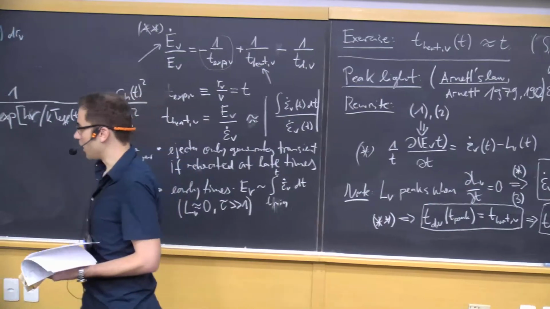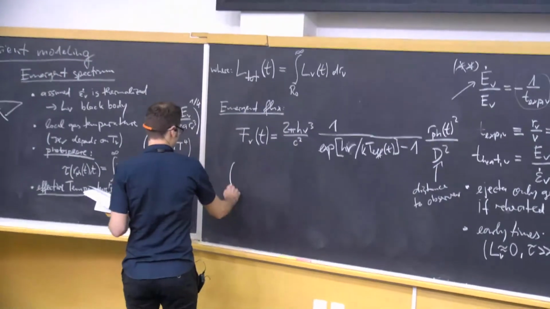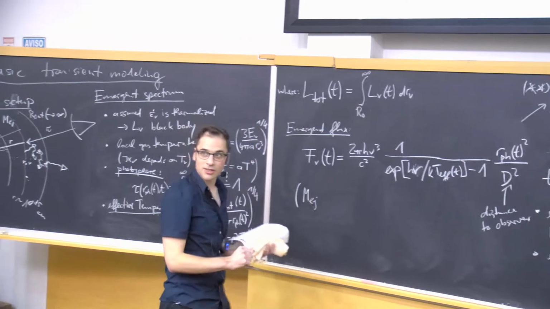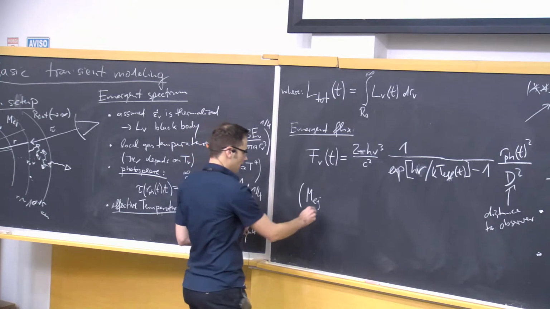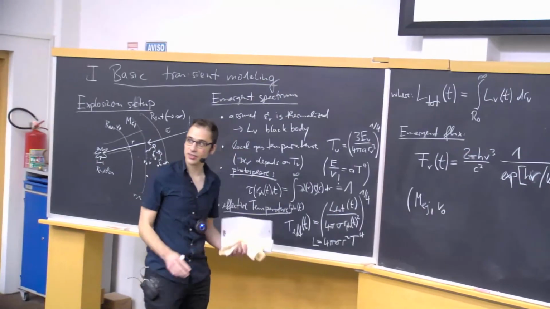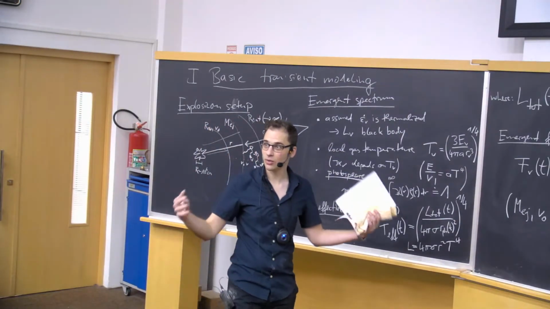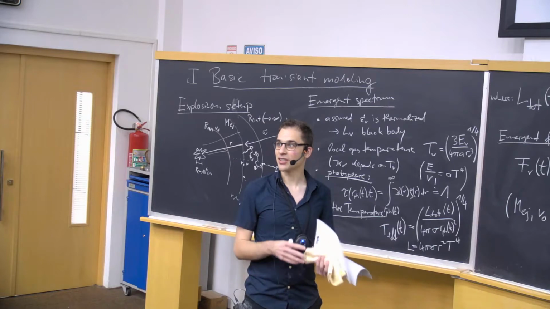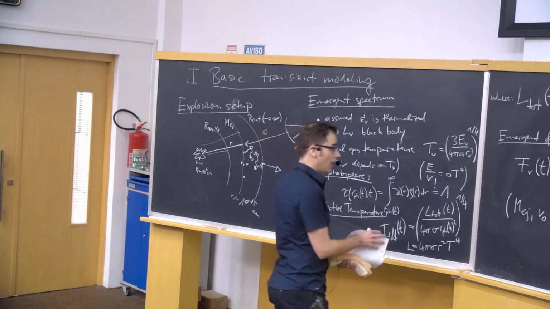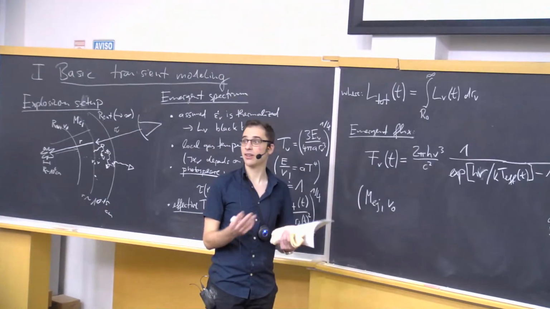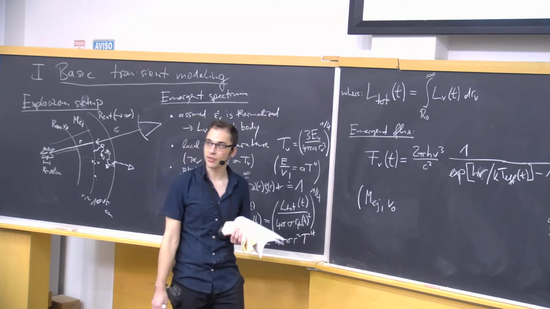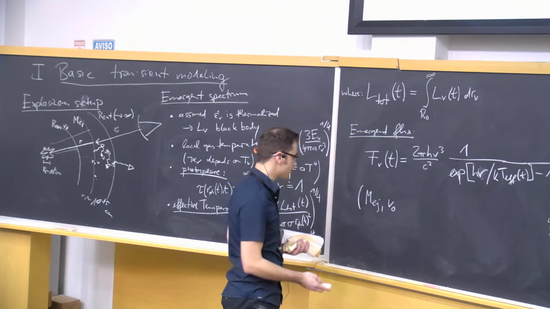The second thing is the basic parameters that you can infer, which is the ejecta mass. As you can see, all these equations depend on the ejecta mass. That's one fundamental parameter. You can also infer the characteristic expansion velocity, and that then tells you the kinetic energy. From the kinetic energy, you can tell how much energy was actually there in the explosion, so it tells you something about the explosion energy. And from there, you can make inferences on the central engine, so you can try to discriminate between different models for central engines, simply based on energy arguments.